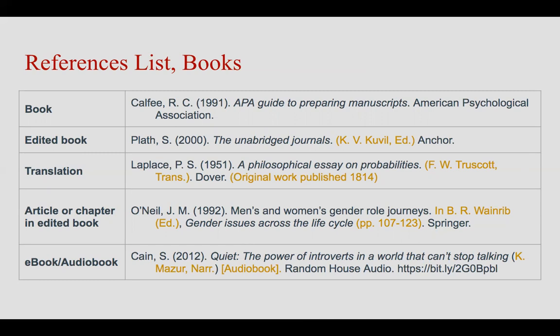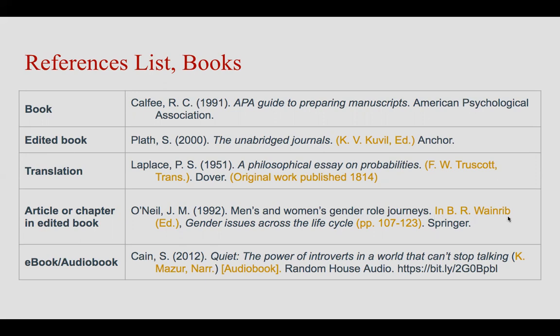If you have just an article or chapter within an edited book, and that's the only thing that you want to cite, not the whole book, you would do the author's name, publication date, and then the title of that chapter. And then you would put the editor, if the source has an editor, and you can see this one is formatted slightly differently.